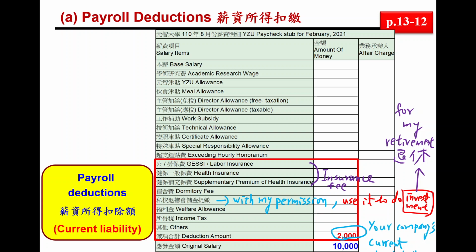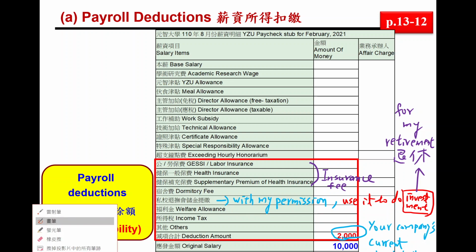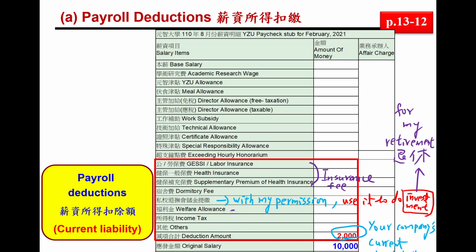Companies have a union to work for employees' benefits. So each month we have to pay some money to support the union, right? So this is the welfare allowance. Like I pay maybe $200 each month in my case for the union, 工会.